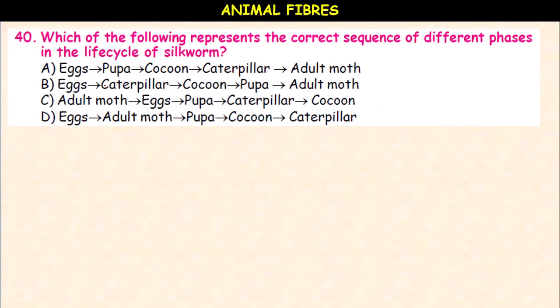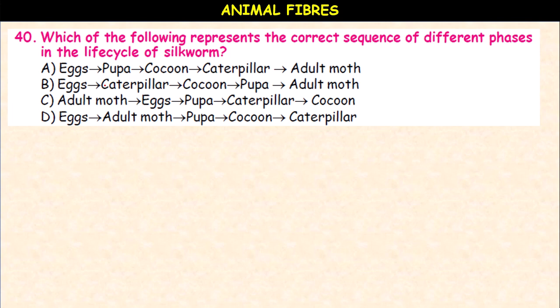Next, which of the following represents the correct sequence of different phases in the life cycle of silkworm? Option A, eggs, pupa, cocoon, caterpillar, adult moth. Option B, eggs, caterpillar, cocoon, pupa, adult moth.